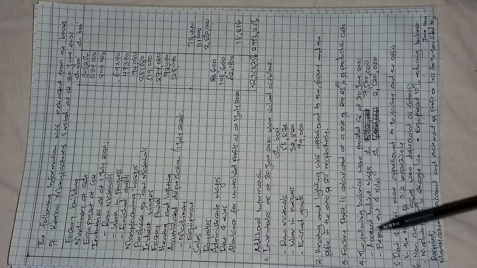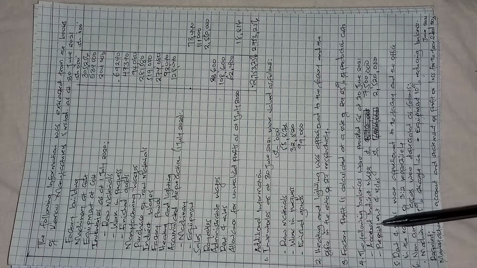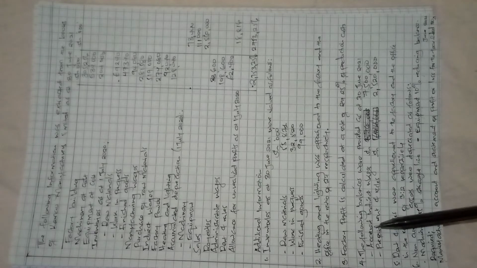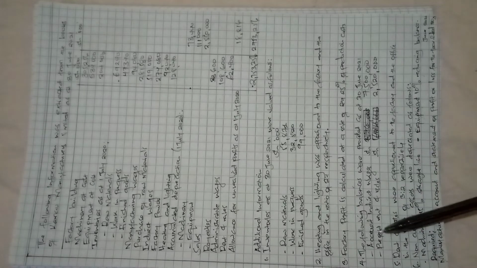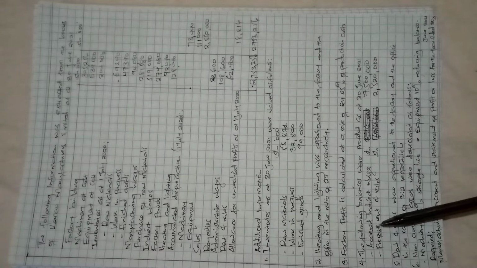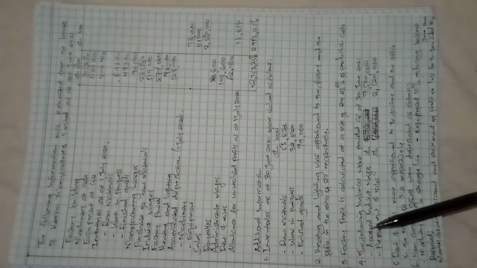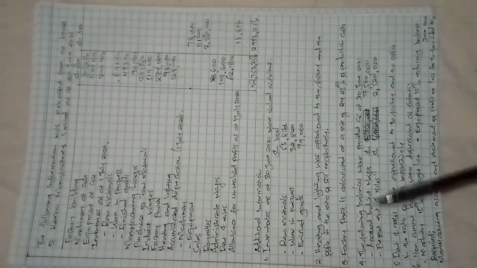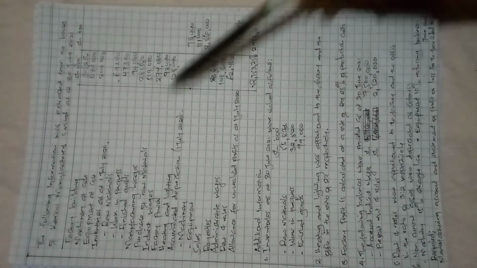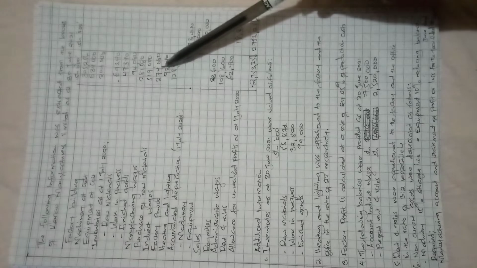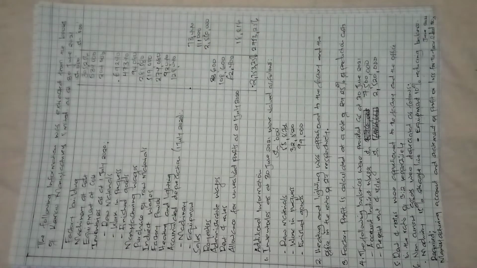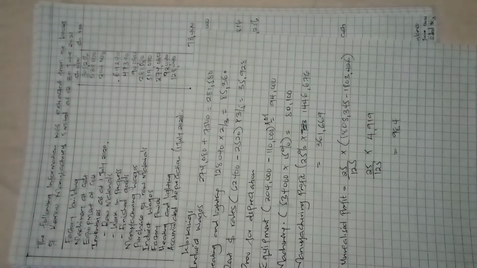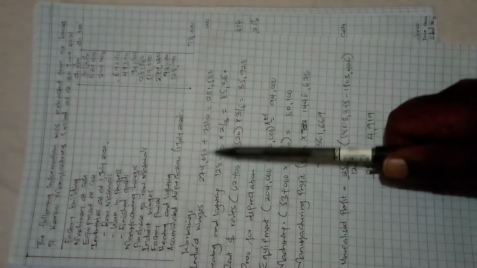At any time when you see the term accrued, outstanding, or in arrears, they mean the same thing. So we have accrued indirect wages. Indirect wages we have is 274,080. So you have to adjust for that. You add that, and you get the adjusted figure.